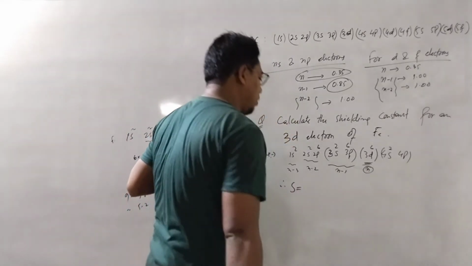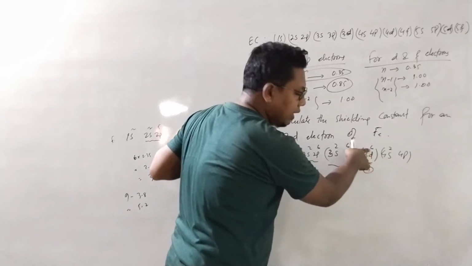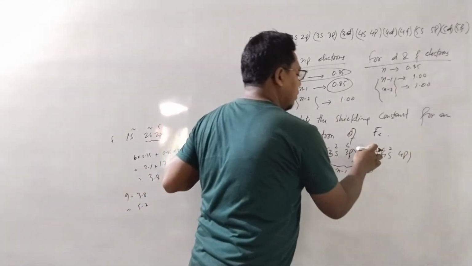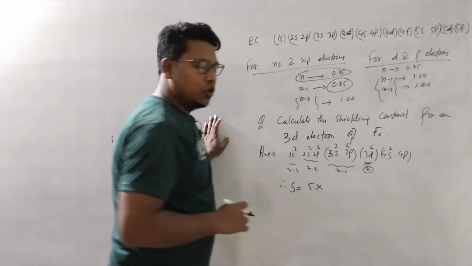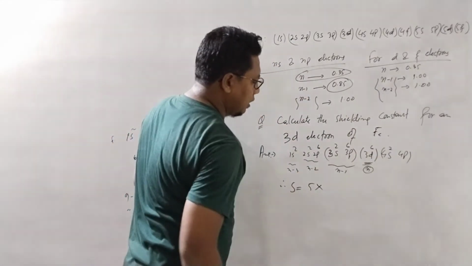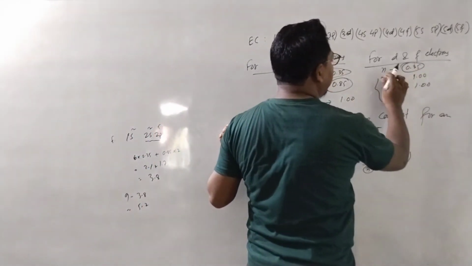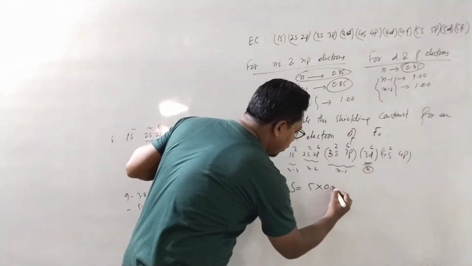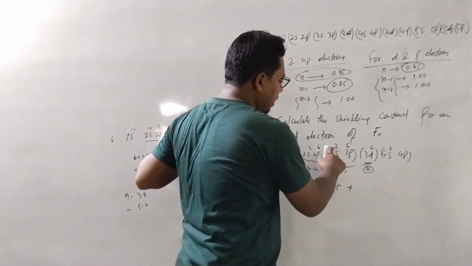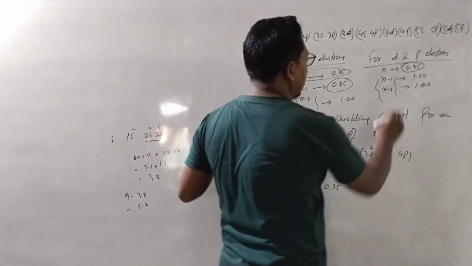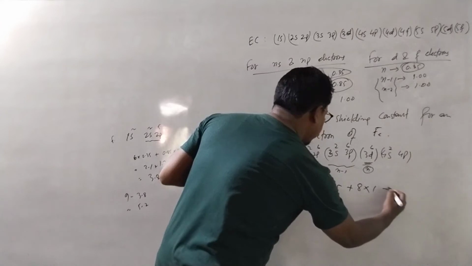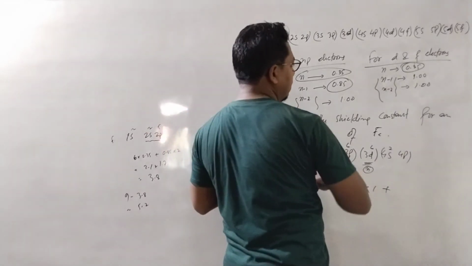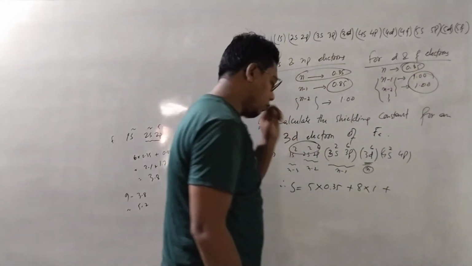So S is equal to, if I remove one electron from this 3d, then 5 will be left. 5 into, because we need to calculate for that particular electron of d subshell, the shielding value for nth shell is 0.35. 5 into 0.35, plus, how many electrons are here? 8. 8 into 1, plus this will also be considered as n minus 2, n minus 1, n minus 3. All these values will have a shielding value of 1 only.